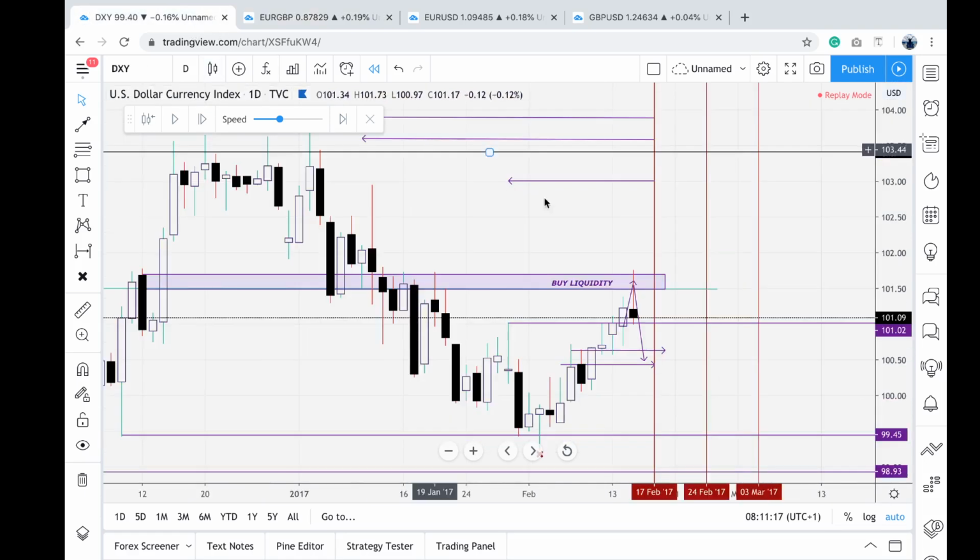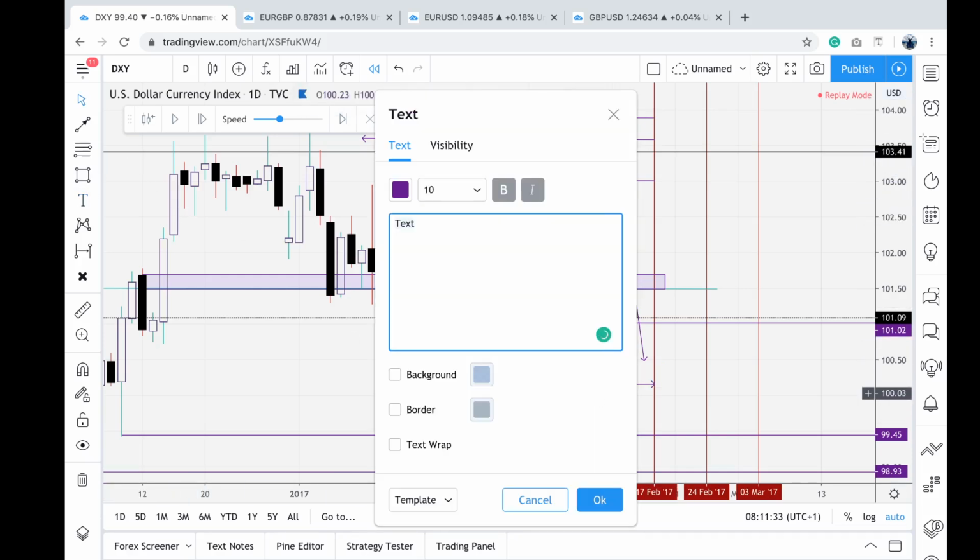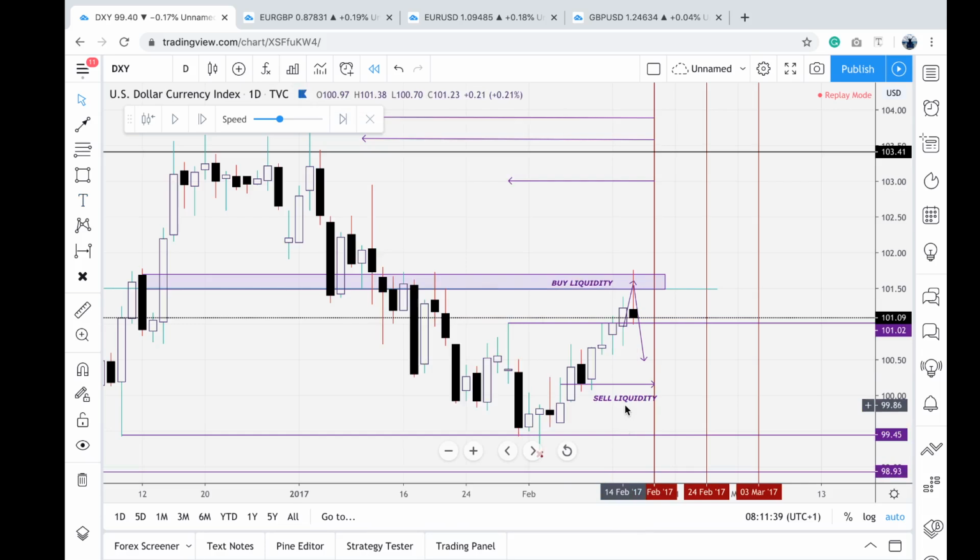DXY. So now we've gotten our high of the week. The next thing we need to do is find our sell side target that price could reach for. So there's sell liquidity in the form of this candlestick. Sell liquidity of that level.